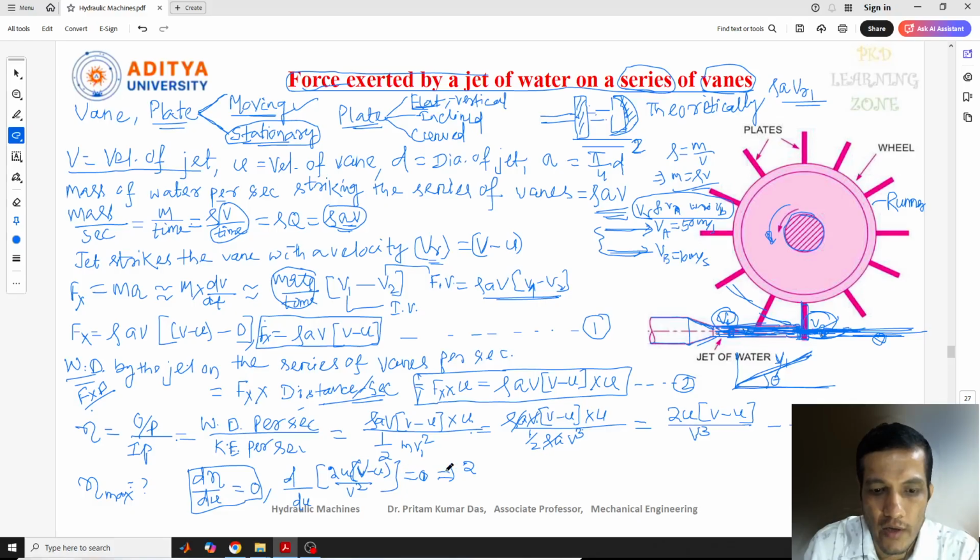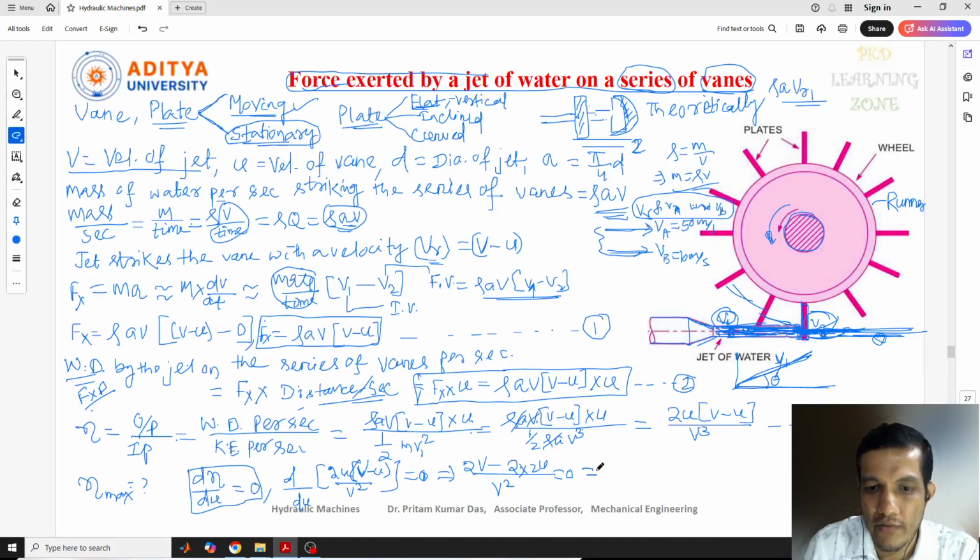Differentiating 2uv with respect to u leaves 2v, and minus 2u square, whose derivative is 2 into 2u, divided by v square in the denominator. This is equal to 0.